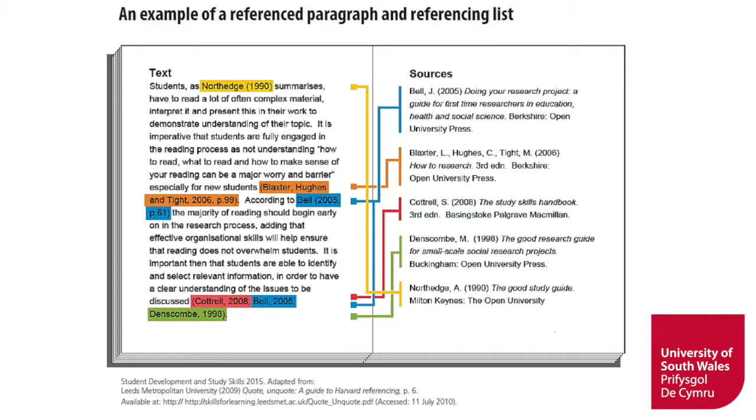So the author's surname comes first, followed by the initials, followed by the year of publication, followed by the title of the book or the chapter or the journal article, followed by the book name or the journal name, followed by the publisher. And again, it might be pedantic, but if you don't follow that correct procedure for referencing in the text or in the reference list at the back, you will be marked down.